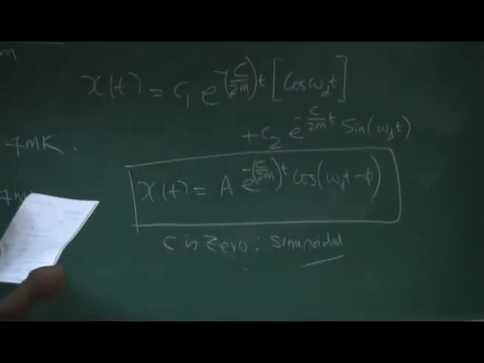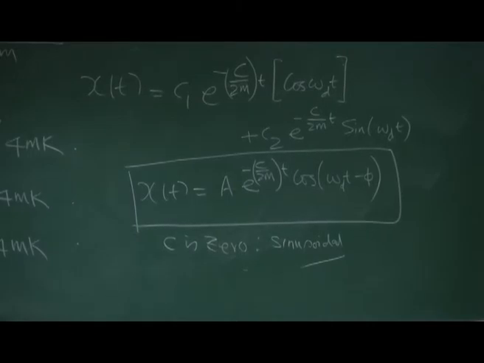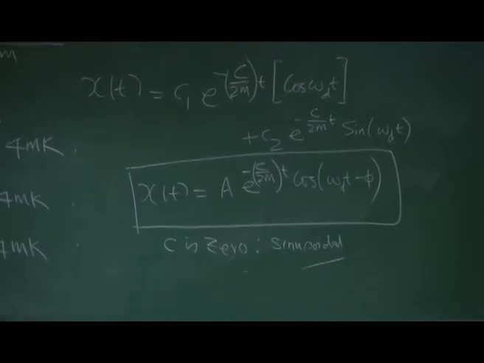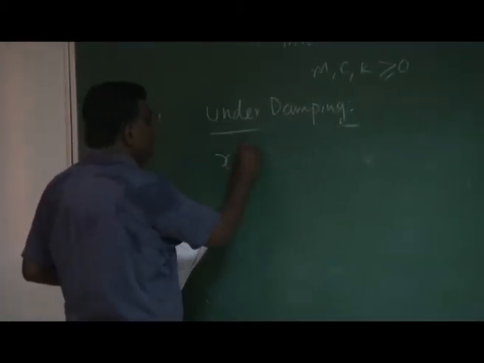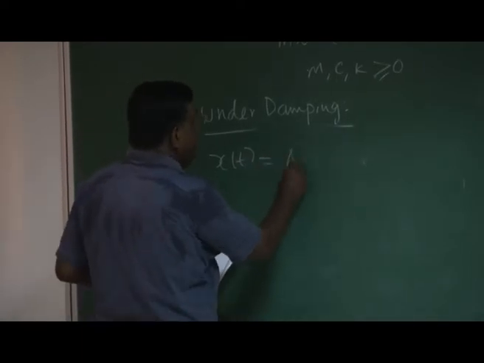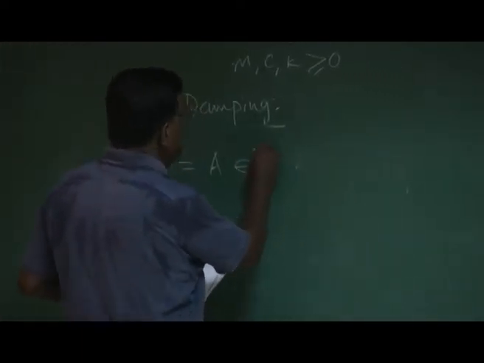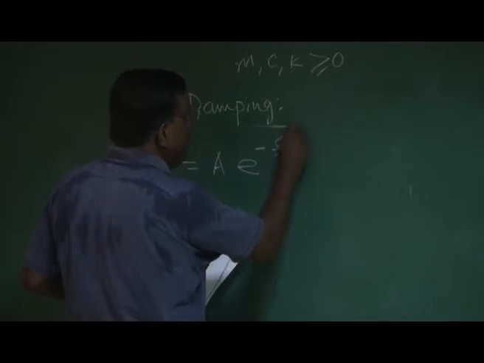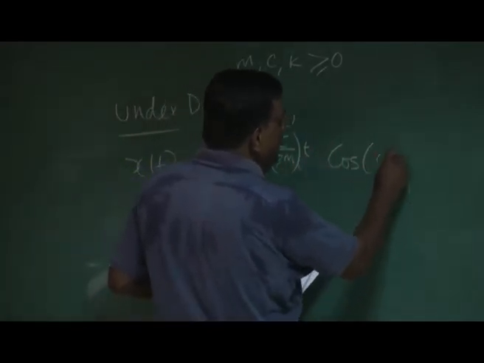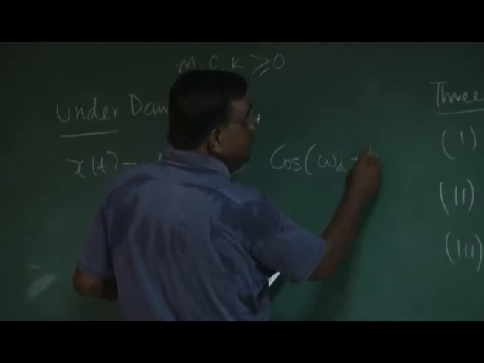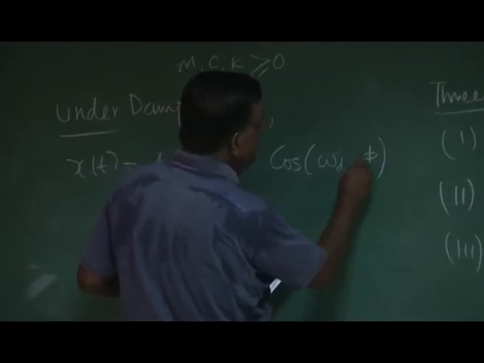Okay. Now, we are discussing the underdamping case, so I continue here. I take this as x of t equal to A e to the power minus c by 2m t into cos of omega d t plus or minus phi, whatever, it doesn't matter.